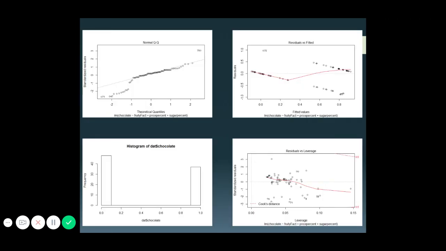What we can do, though, is look at the diagnostics before we move any further. On the top left, the normal QQ plot shows more or less expected residual results, except for a little bit on the tail end on the left side. That is not super uncommon, so I'm not really afraid of that. We do see that the residuals versus fitted graph on the top right is pretty messed up, but I kind of expected that because it is a categorical variable, which moves us to the bottom left.